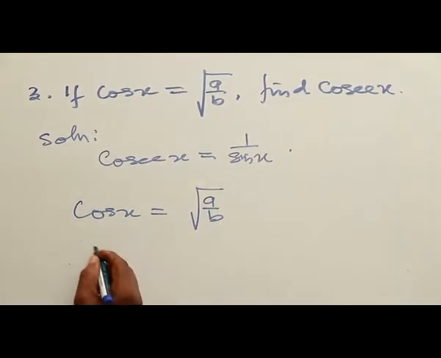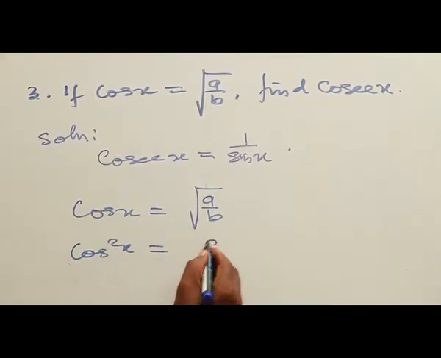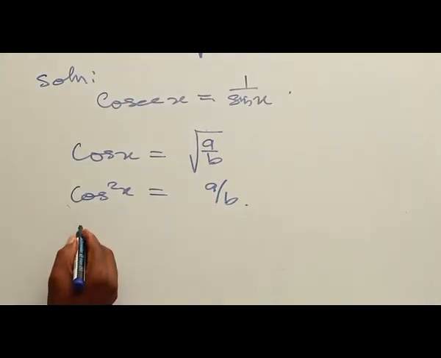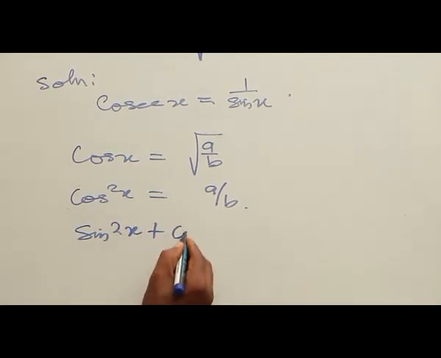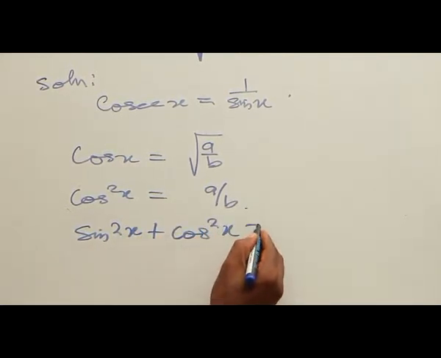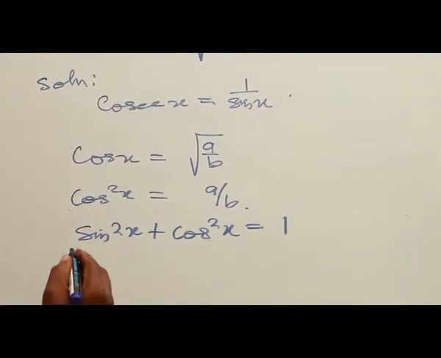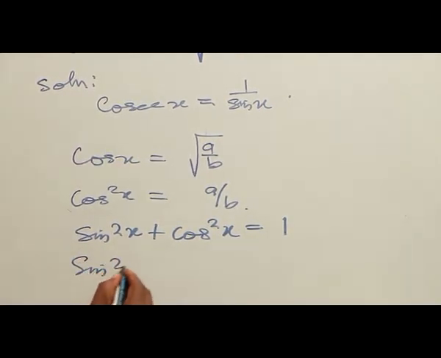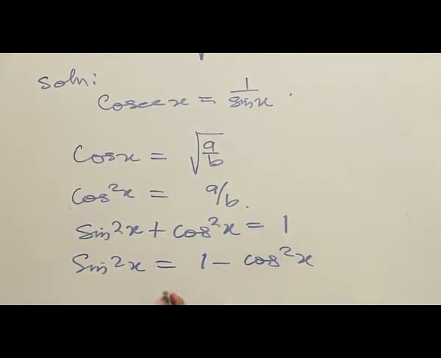If you square both sides, cos squared S will give you A all over B. Then we also have that sine squared S plus cos squared S is equal to 1. In this case, sine squared S is equal to 1 minus cos squared S.